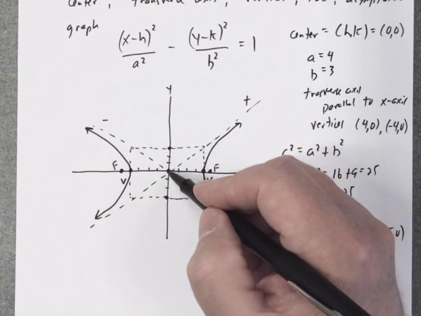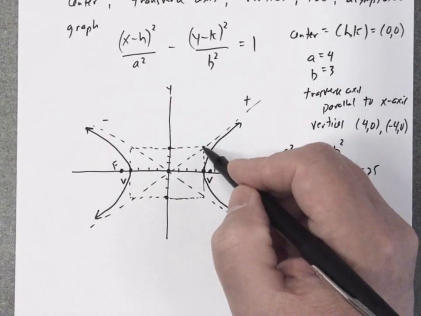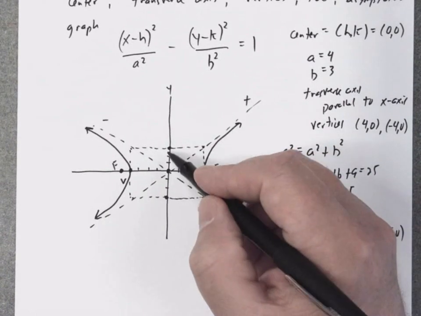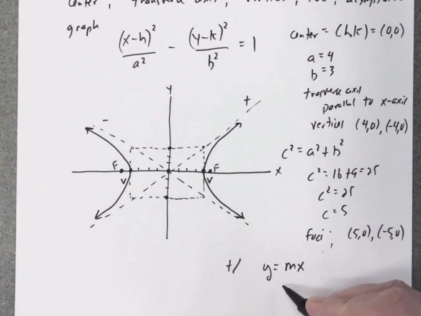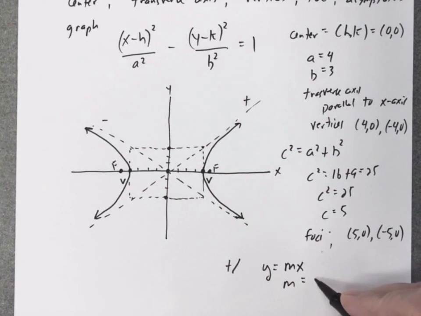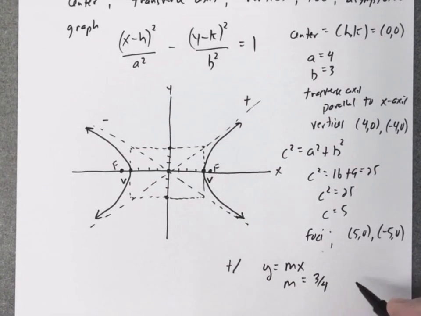So I'm going to choose the origin and this corner. To get from here to here, my rise is 3, my run is 4. Therefore, rise over run is 3/4. Therefore, the equation of this asymptote is y equals 3/4 x.